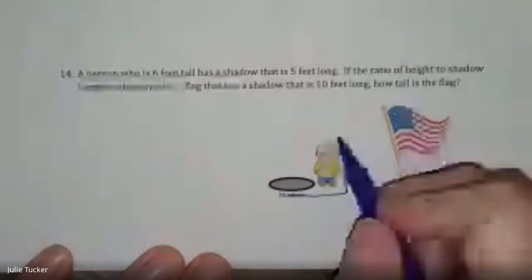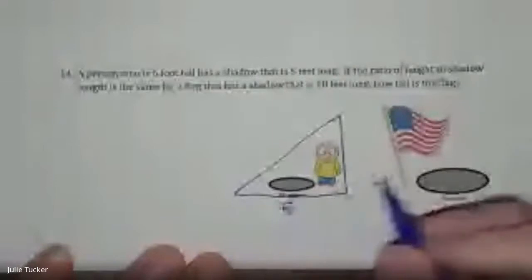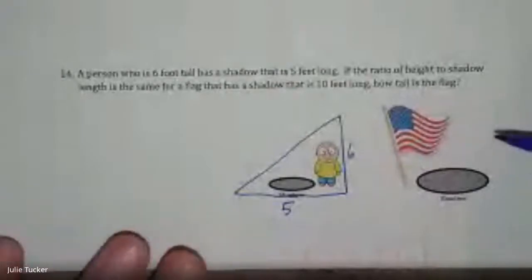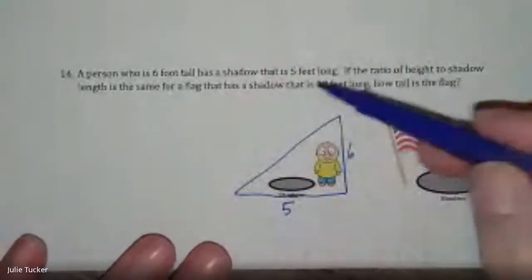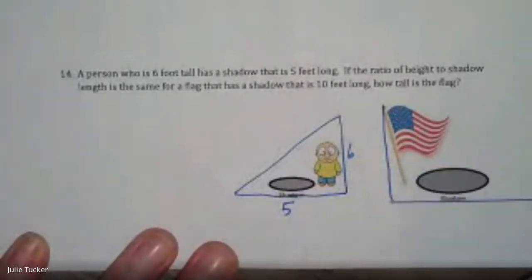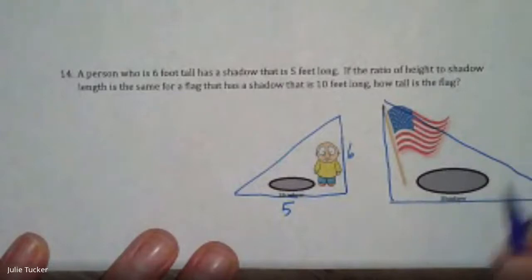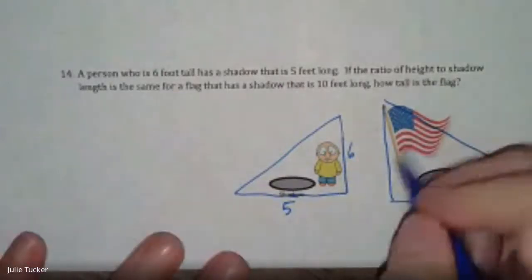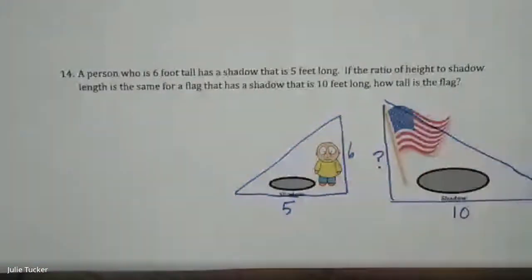So let me draw just a big triangle around it. Then there's a flag that has a 10-foot shadow, and it says, how tall is the flag? So we're going to make a right triangle around it. Okay, and we want to answer this question.